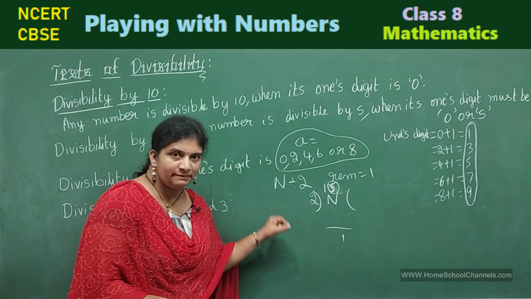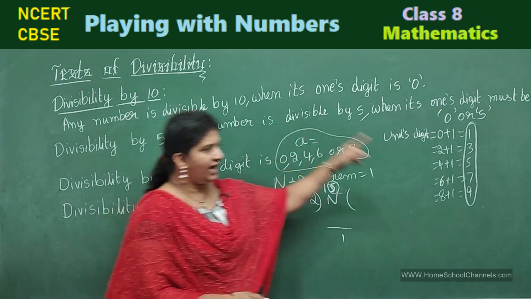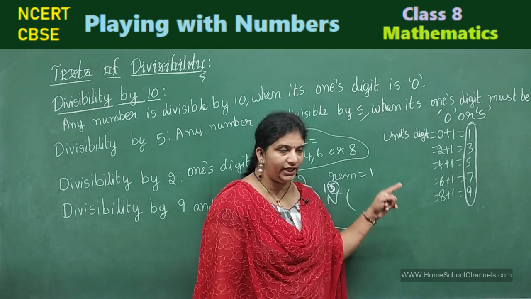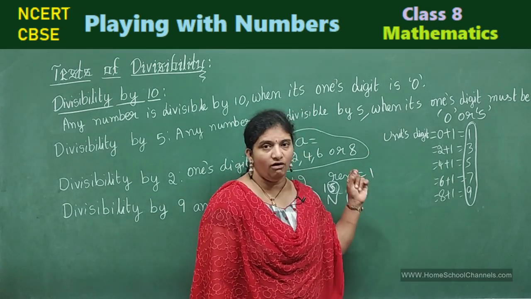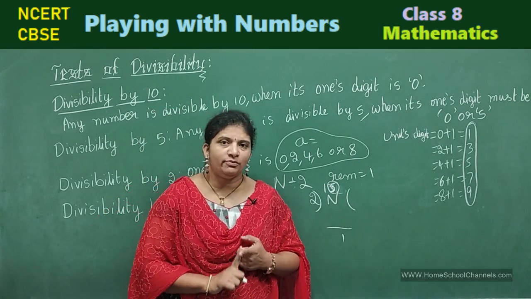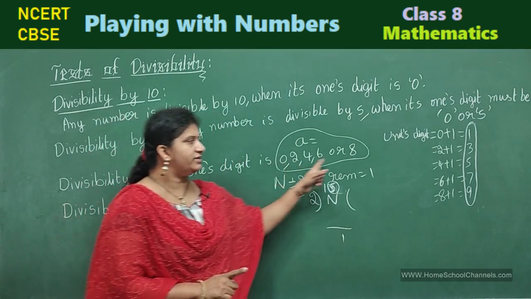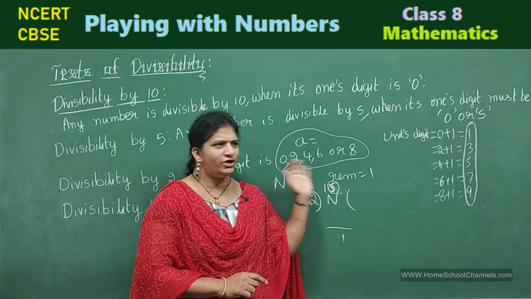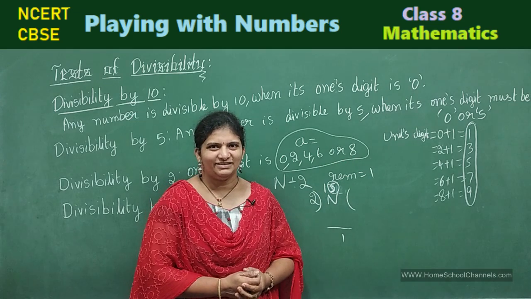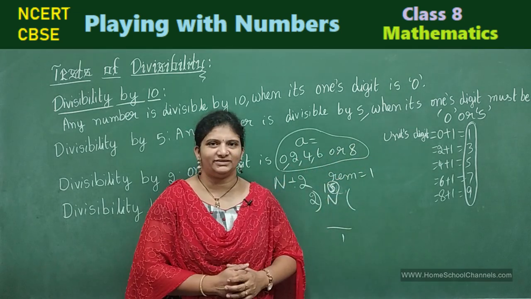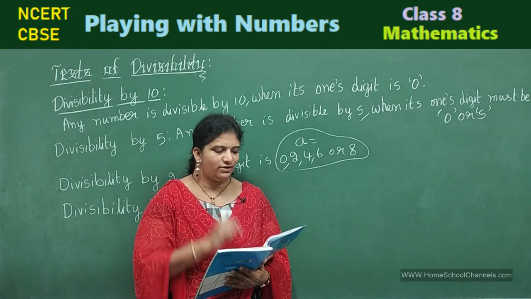For a remainder of 1 on division by 2, the units digit may be either 1 or 3 or 5 or 7 or 9. Okay? Immediately you should remember all these digits. If any remainder is given, you go on adding it to all these digits. Then the units digit might be those numbers. And try the second question.